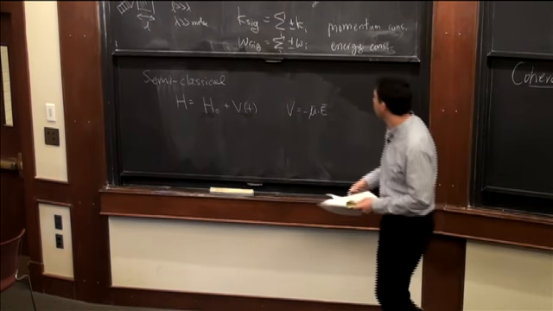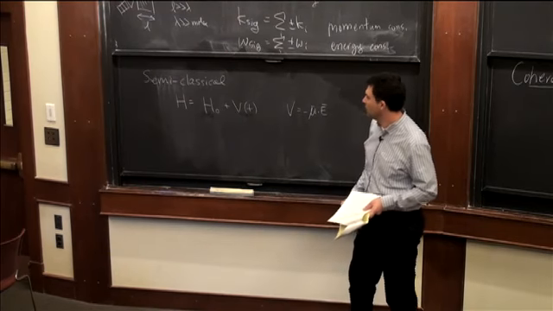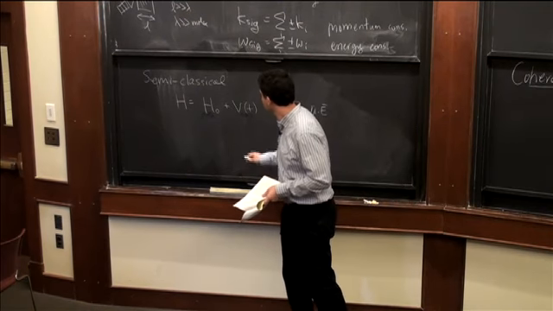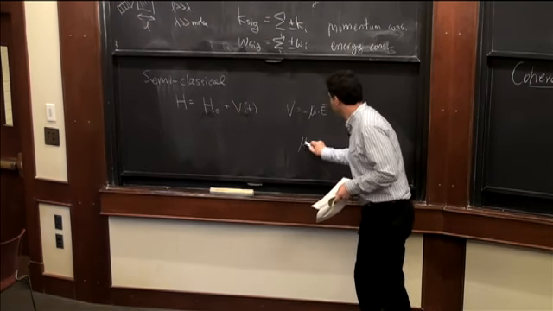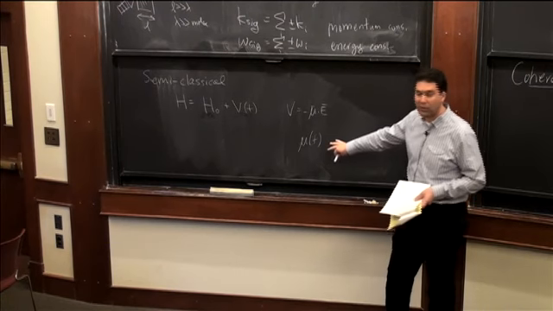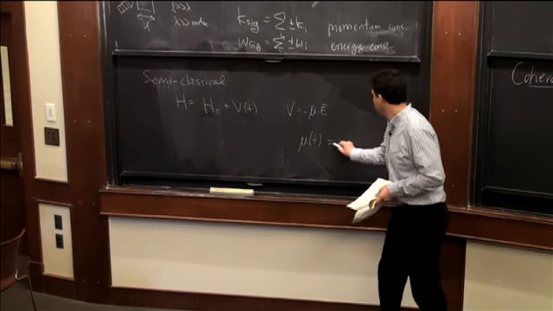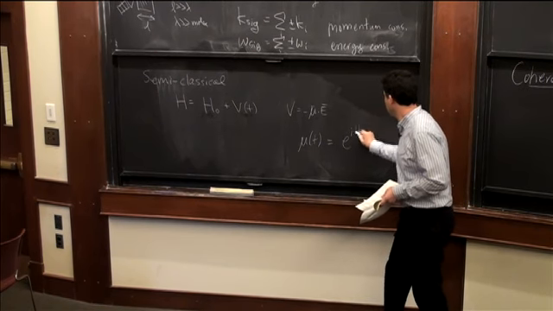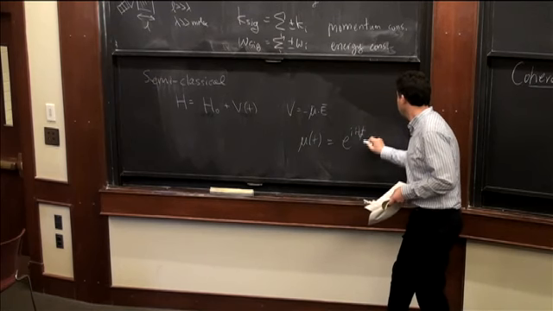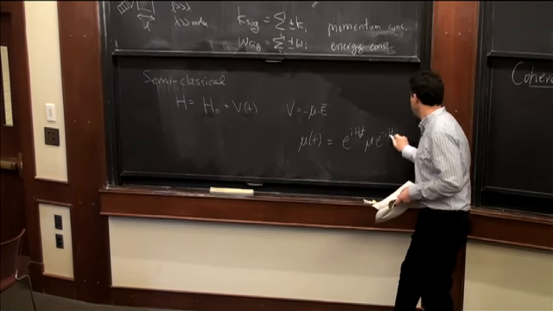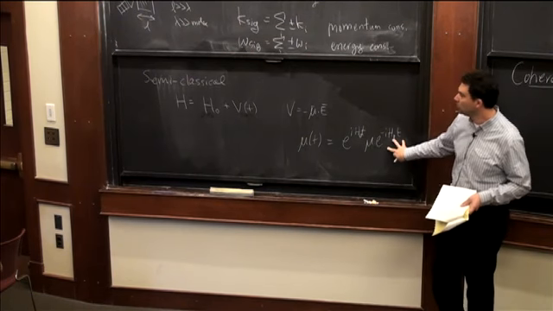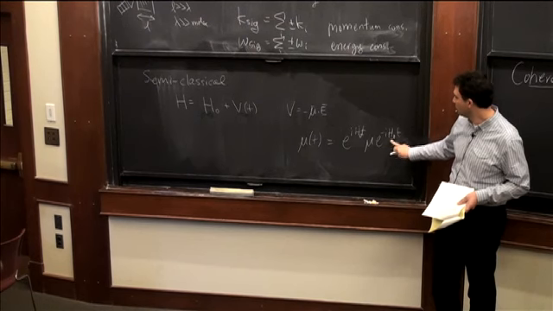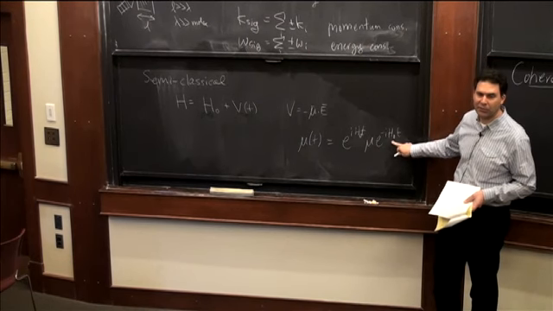Okay, and we're going to be treating a lot of this in the interaction picture that we developed in 5.74. So we're really going to be talking about the time evolution of the dipole moment of the sample. And remember, we've written that as the time evolution of the dipole moment under the material Hamiltonian. You'll notice this is not going to be the last time that I forget to put hbars in.